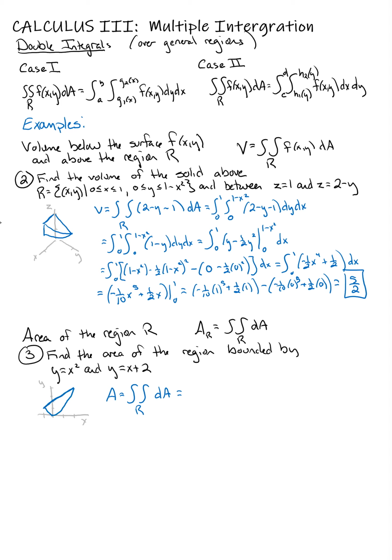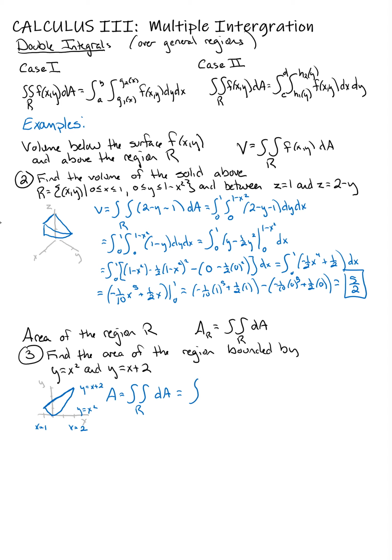Now you'll notice that my x values go from -1 to +2, and the y values go, of course, from y equal to x squared up to y equal to x plus 2. I do need to make sure I know which one's on the bottom side, which one's on the top side, which one's the larger, which one's the smaller.